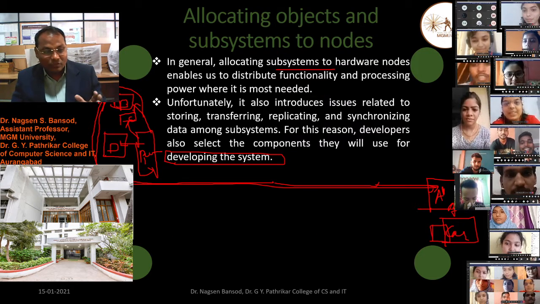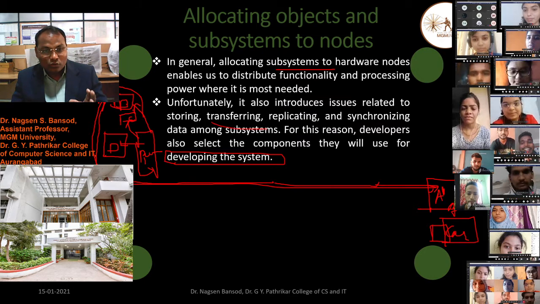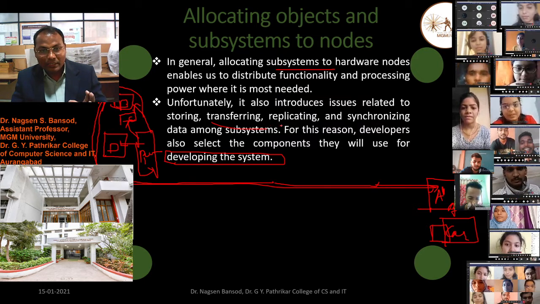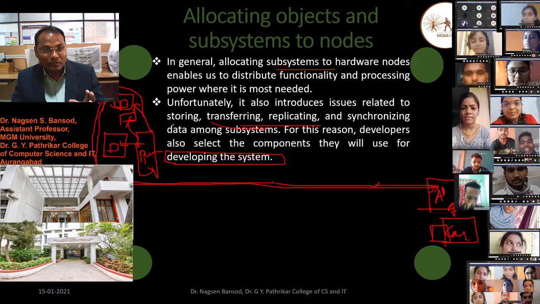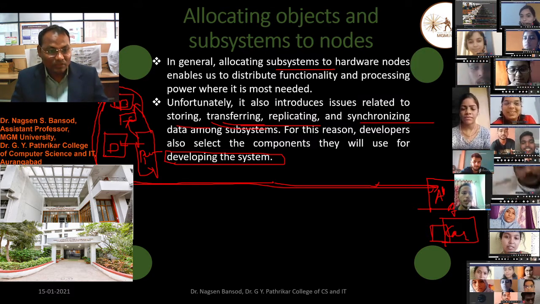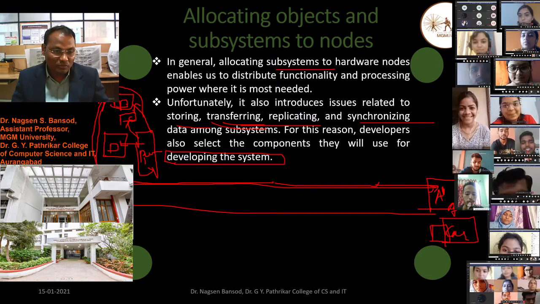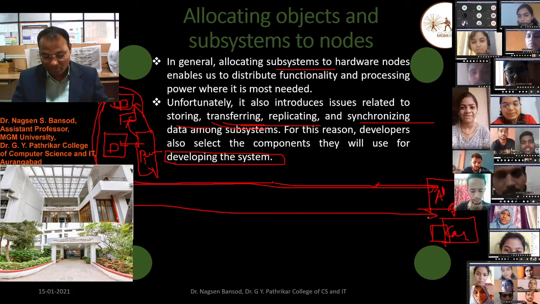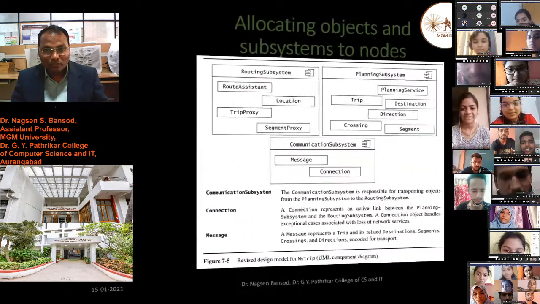In that case, we have to consider replacing, storing, transforming, and synchronizing data among these two systems. This is one subsystem and this is another subsystem. There we have to think.